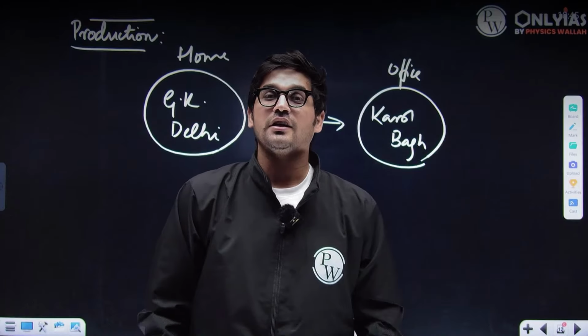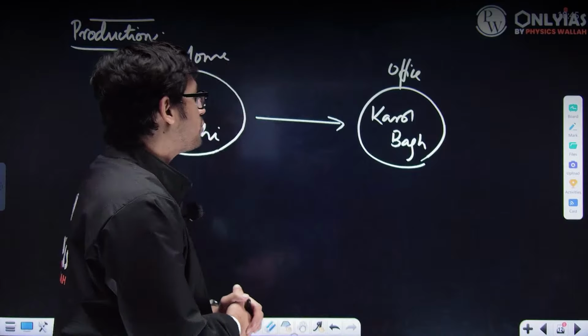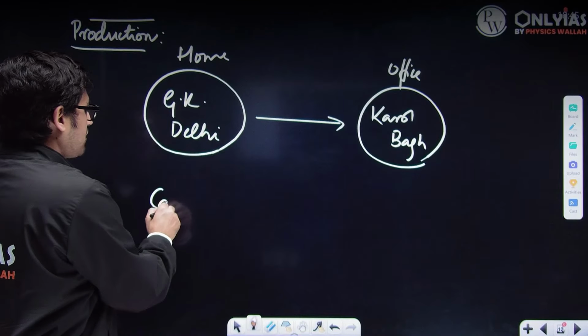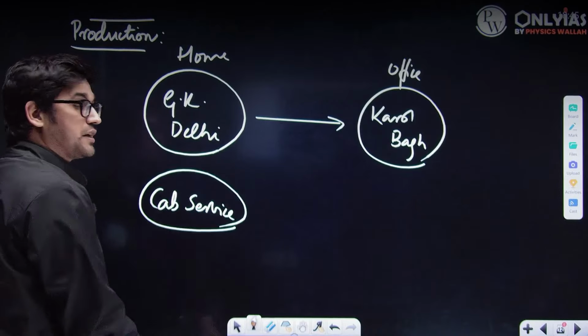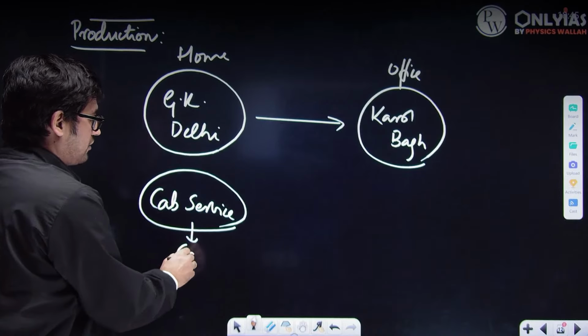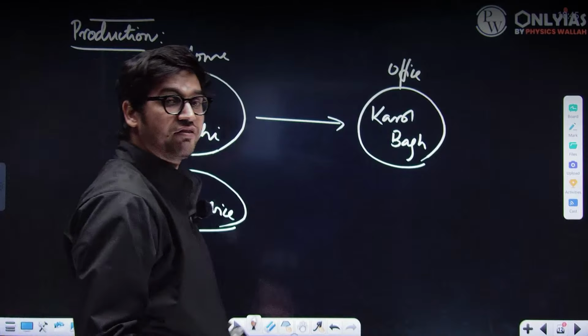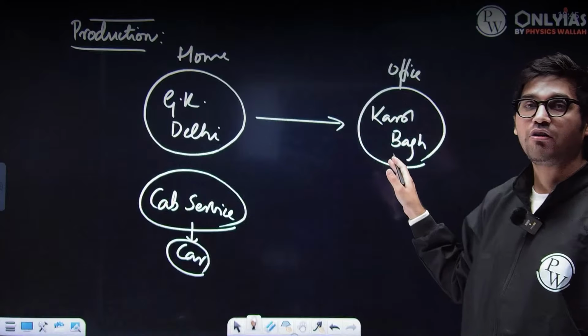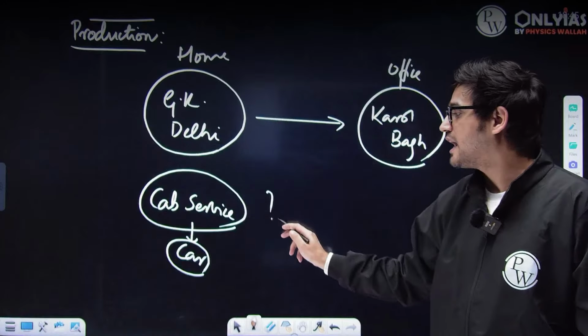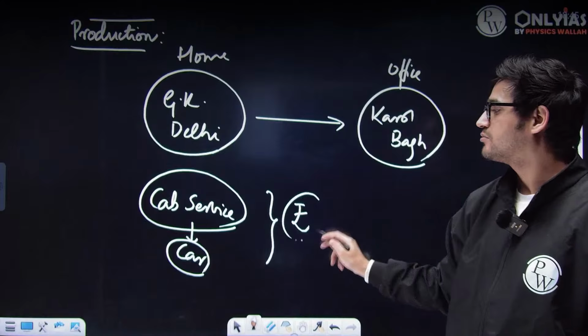Right? Some person is going to offer a cab service. There is a person who owns a car and he is willing to take me from my home and drop me off at my office, provided I give him some money.